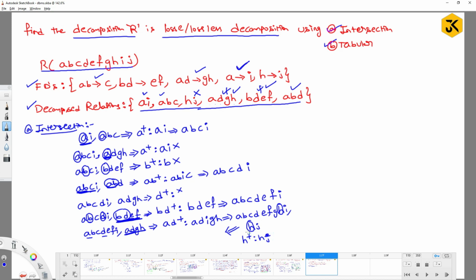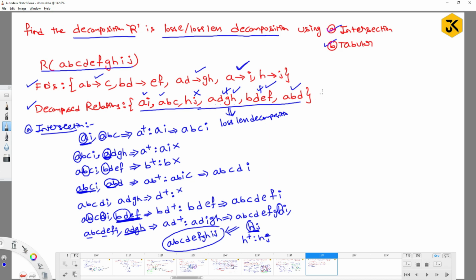So I can derive this particular relation. So you are going to get A, B, C, D, E, F, G, H, I, J. All the relation you got. So I can say that this decomposition is lossless decomposition.